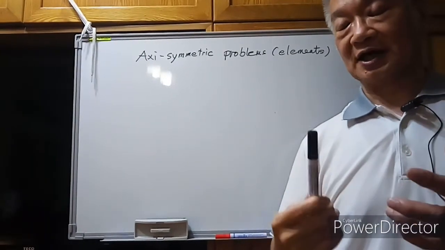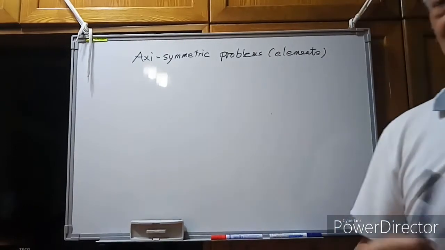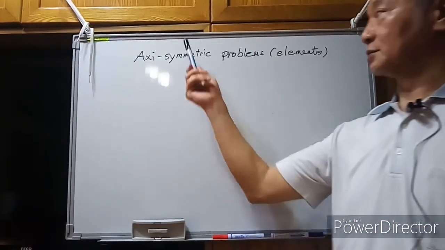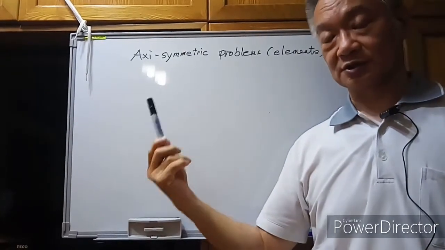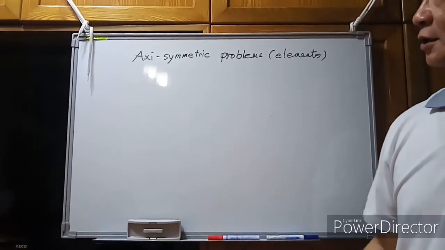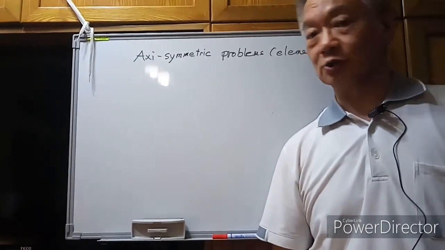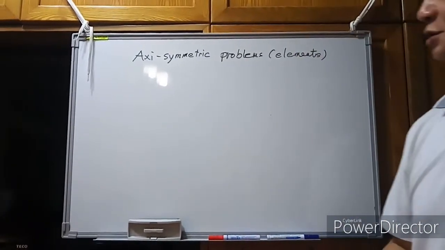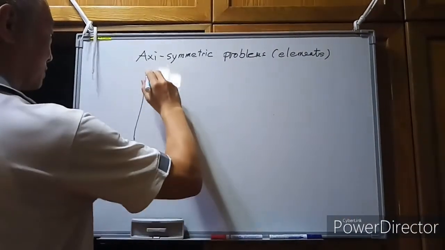You can say we have a type of structural model, and the name of the structural model is the axisymmetric model. Okay, the axisymmetric model is also a three-dimensional structure, but there is some very special case.